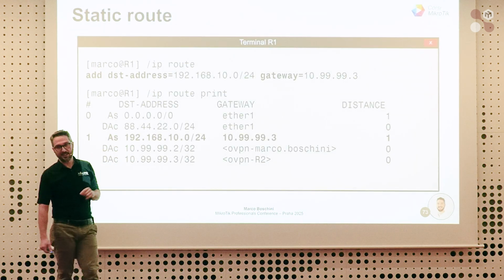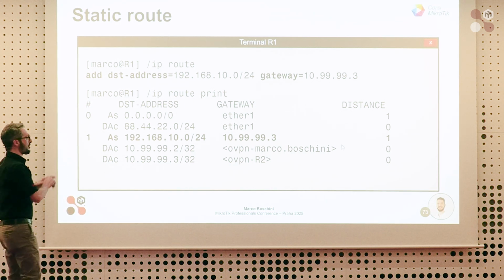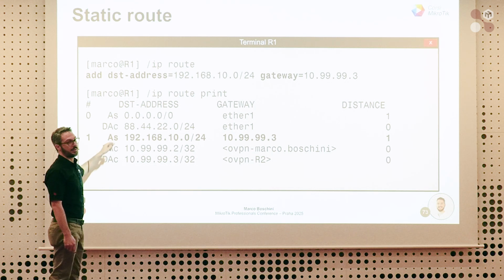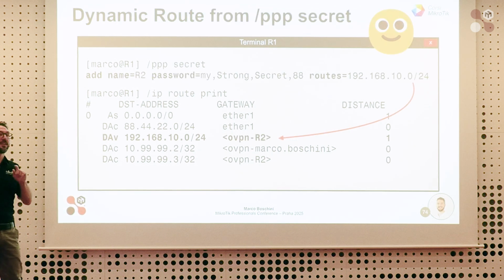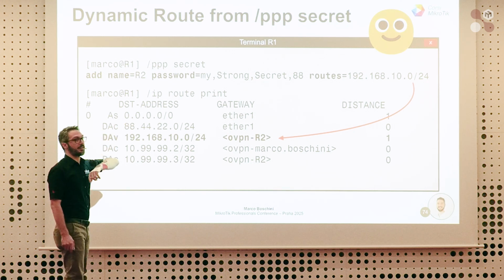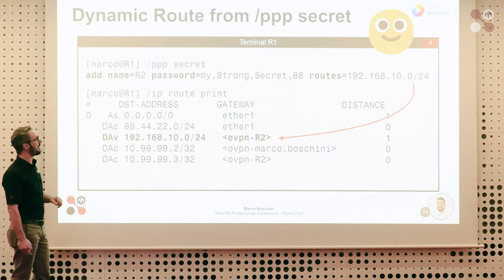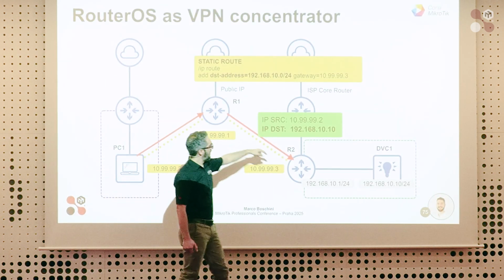Router 1 receives these packets and knows how to reach the destination because I have a static route inserted in the routing table, but you can dynamically create this route with the PPP secret field route, okay? Dynamic in this case. And the router sends the packets to router 2.